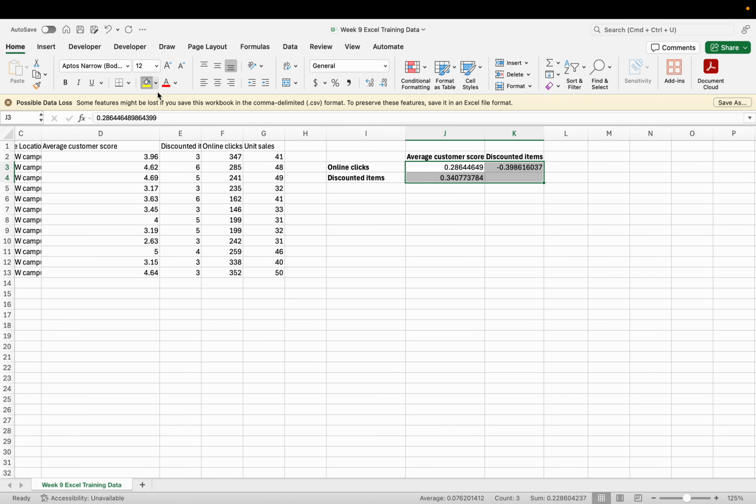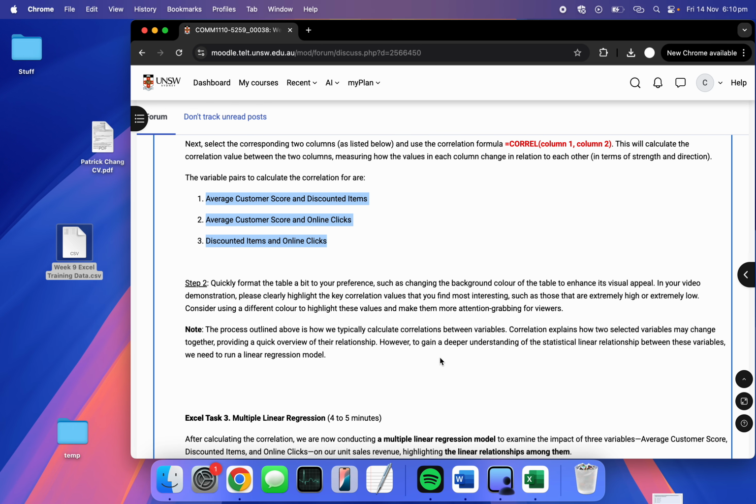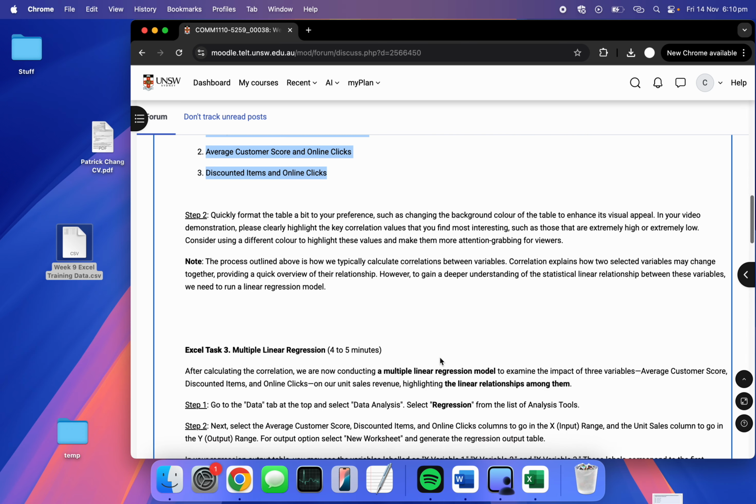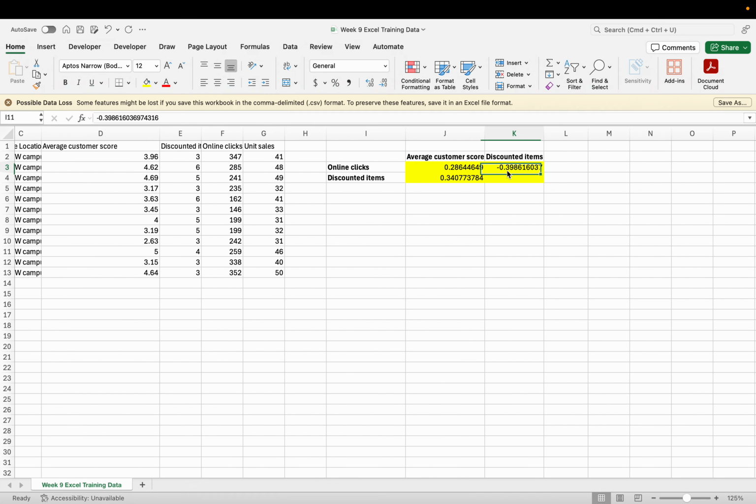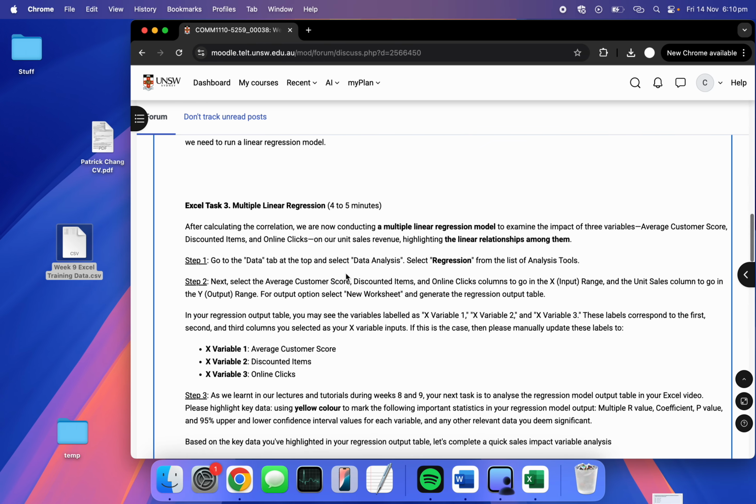Okay. It's confusing why there's a negative relationship between, I guess when the store gets more online clicks or more sales, they will discount fewer items because there's less of an incentive to do so.